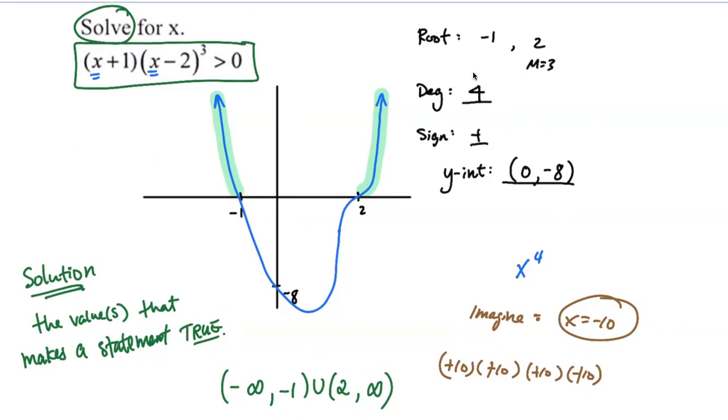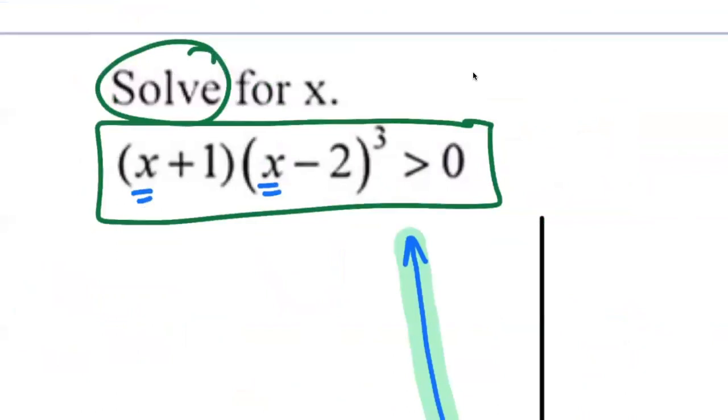But if you know how to read the notations in front of you, if you know how to understand the word solve, which means to find the solutions, and solution is to find out the value or values that will make the statement true, the answer is really right in front of you. Okay, so again, you look at this polynomial right here. If you attempted to expand it, then ask yourself, what is the good of expanding it?